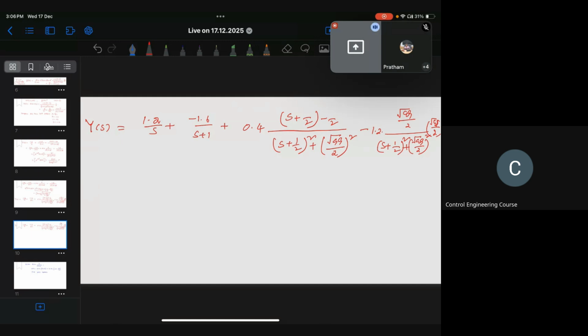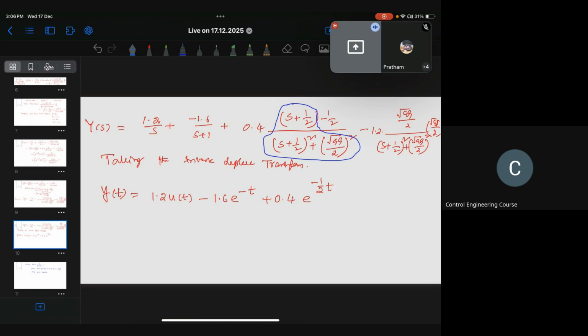So now the time domain step y of t, take the inverse Laplace transform. The first one is 1.2 u of t minus 1.6 e power minus t plus 0.4, only this part is e power minus 1 by 2t.